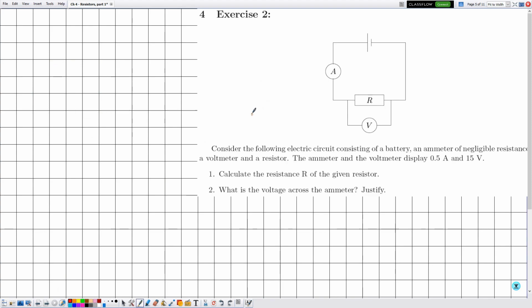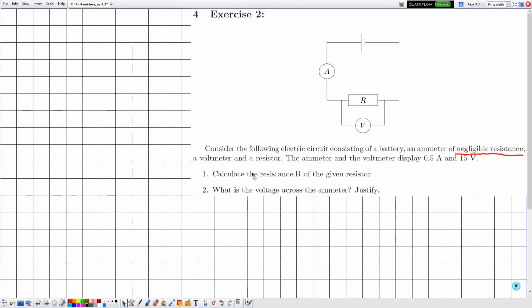And now in exercise number 2, they are telling me to consider the following electric circuit consisting of a battery, an ammeter of negligible resistance, a voltmeter, and a resistor R. The ammeter and the voltmeter display 0.5 amperes and 15 volts.